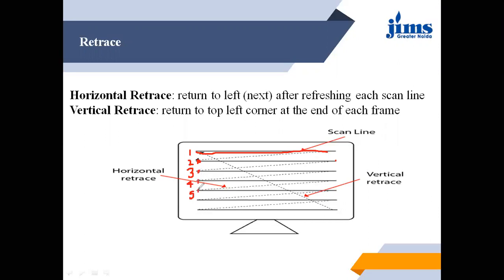But when a scan line is left in between, for example, when the beam goes from the first scan line to the third scan line, and in between a scan line is left, when it passes directly on the third scan line, then it is called interlacing.